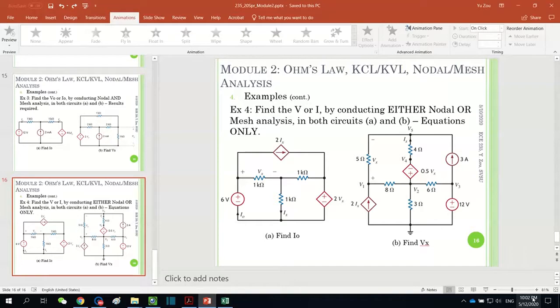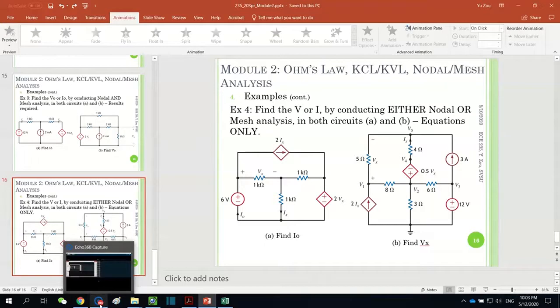So feel free to choose one of them to conduct, and also try the other one as exercise. Since the purpose of all of these examples is nothing but to make you familiar with how to apply the techniques, nodal and mesh. But in future real applications, choose whichever one you feel comfortable with.